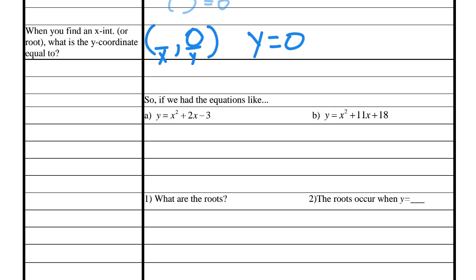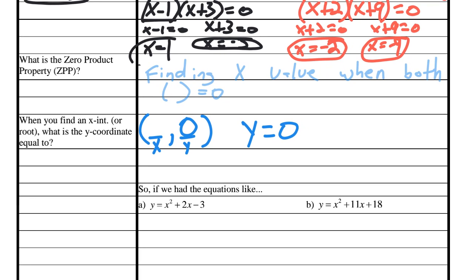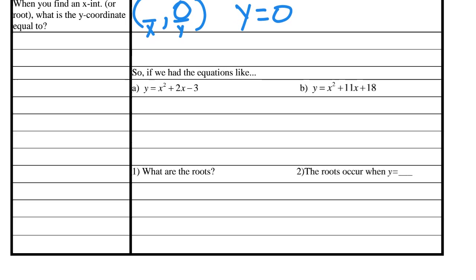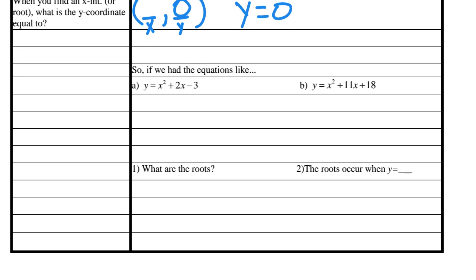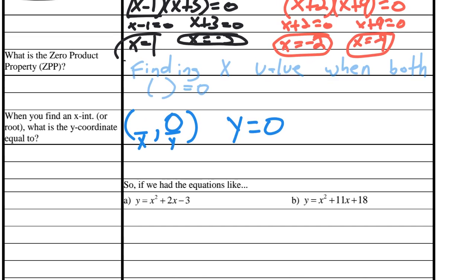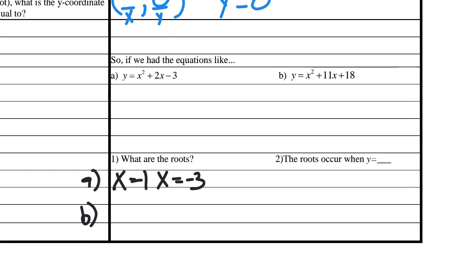Okay. So if we had equations like x squared plus 2x minus 3 and x squared plus 11x plus 18, those are the ones from the previous example. What are the roots? Well, we already found them, so we'll just scroll up. So the roots were 1 and -3 for this first one. And then for b, if we scroll back up, they were -2 and -9.